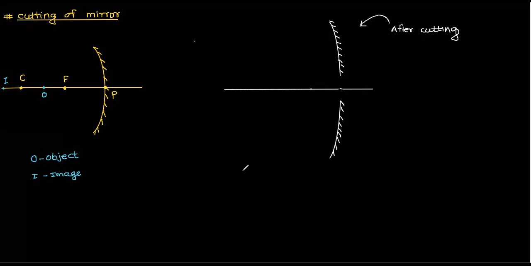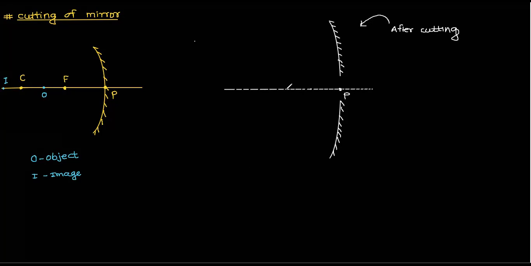So this principal axis I am drawing with dotted lines. And this is your original pole. What is this? Original pole.